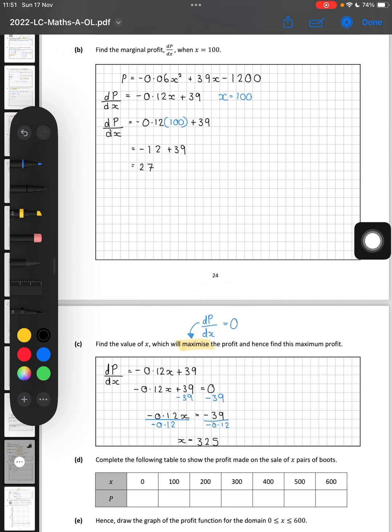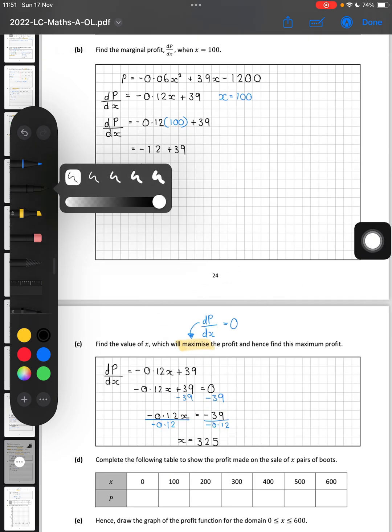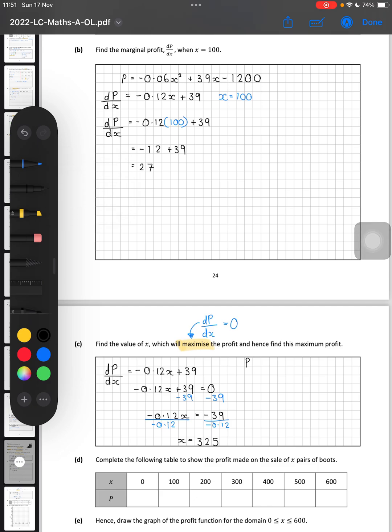So I'm going to write out my equation for my profit again. My profit was minus 0.06x squared plus 39x minus 1,200. And I now know that I am filling in 325 for x. Before I type anything into my calculator, I'm writing out what I would type into my calculator.